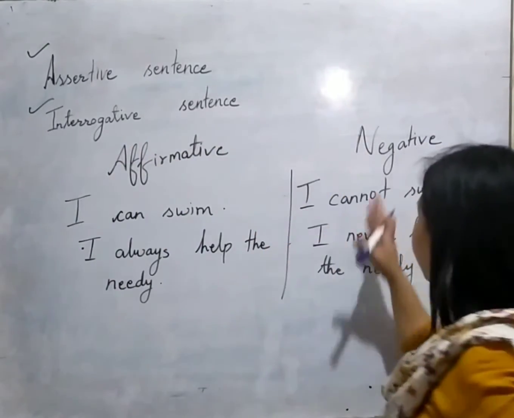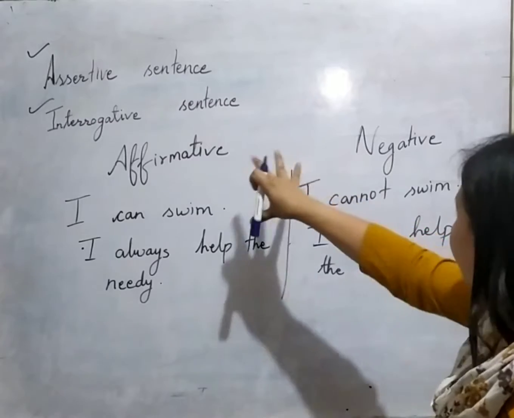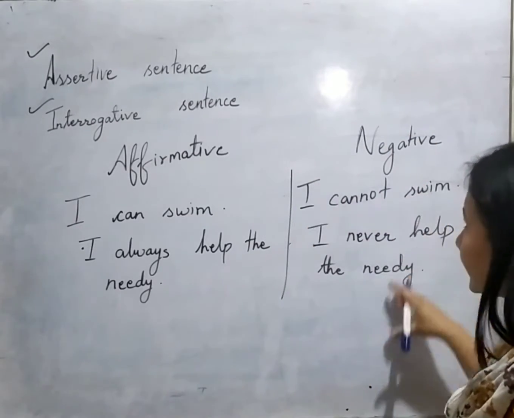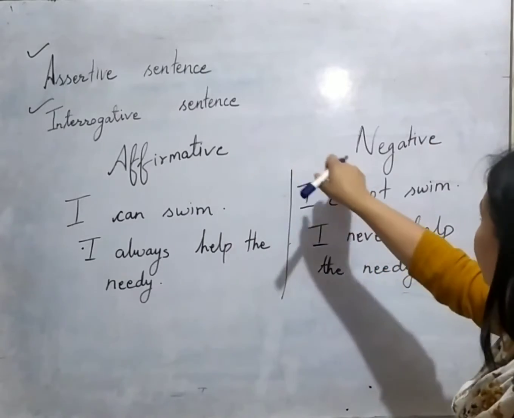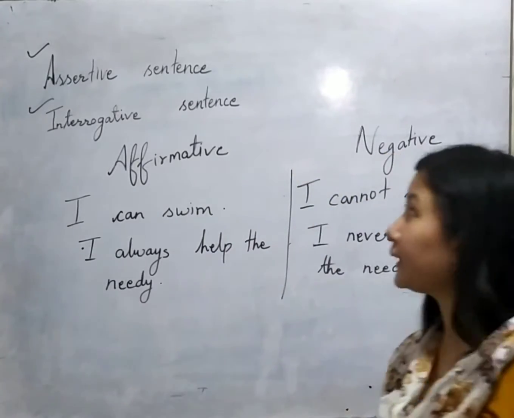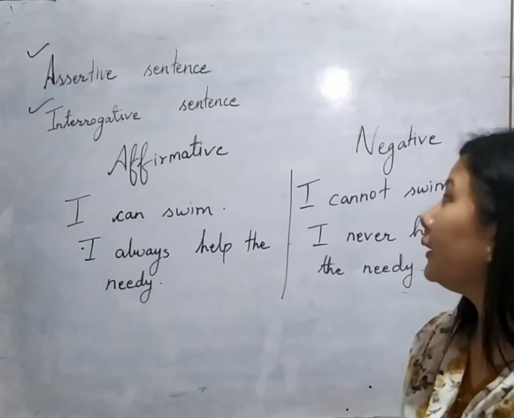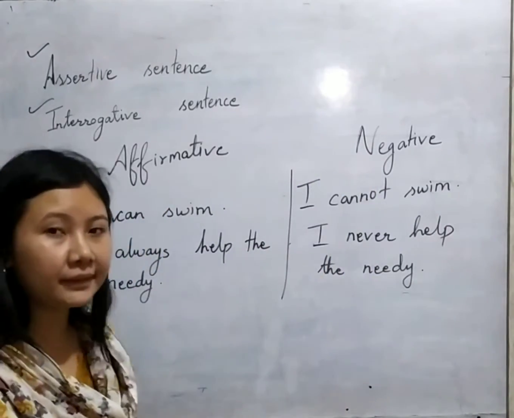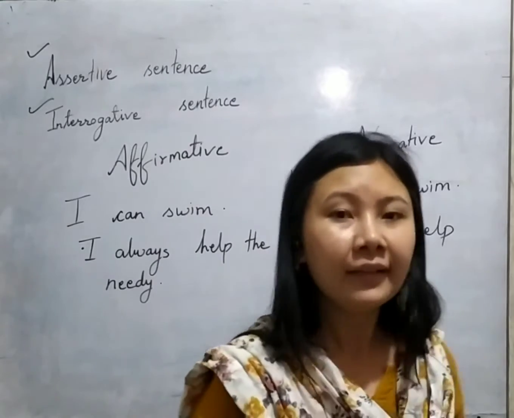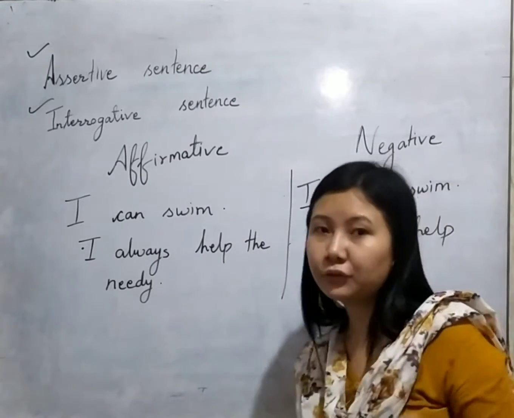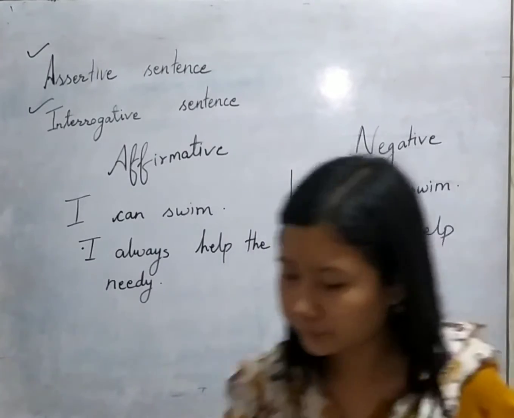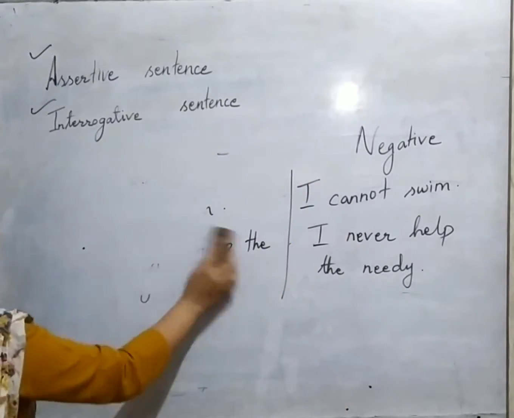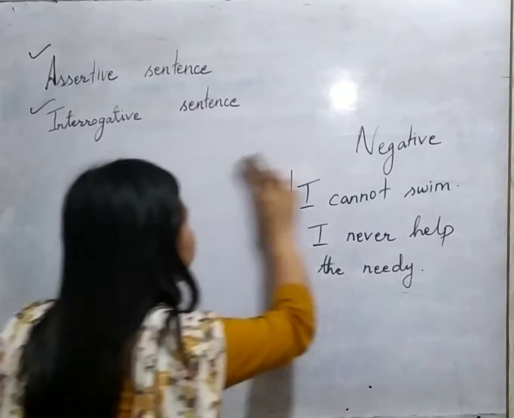And towards my right-hand side, the sentences I cannot swim and I never help the needy are negative. So you need to remember that assertive sentences can be of 2 types, affirmative and negative. An affirmative sentence presents a positive idea, and a negative one, as the name itself says, presents a negative idea.